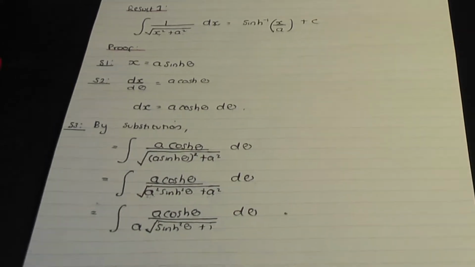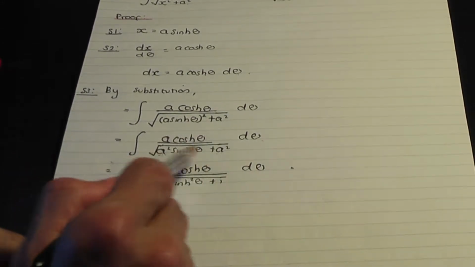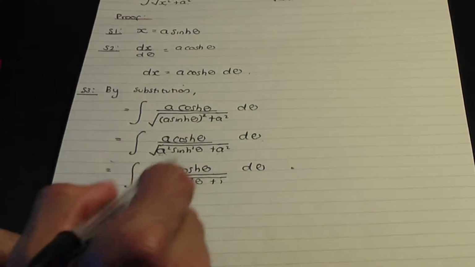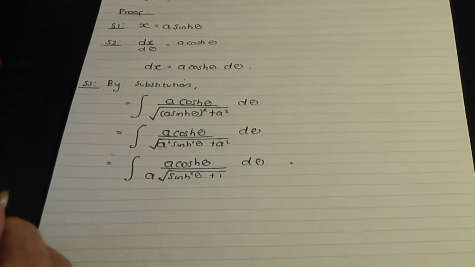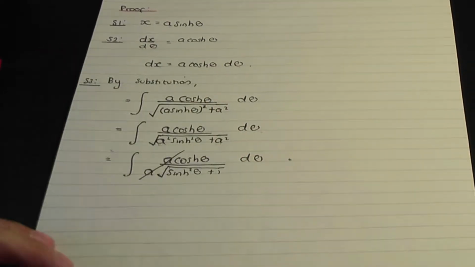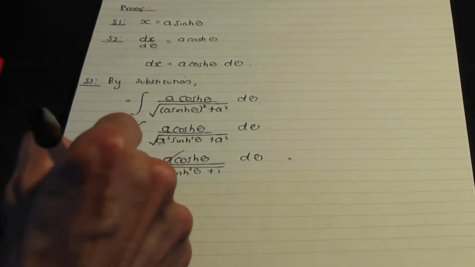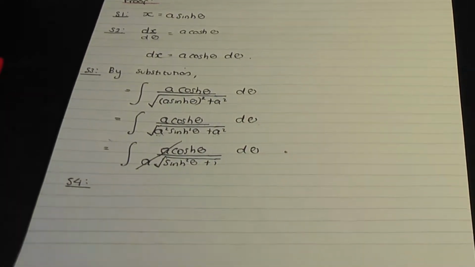Okay, so I hope you can see that. So I've taken out a common factor of a squared out of the root, leaving me with the root of hyperbolic sine squared theta plus 1. So as a result, these two a's will cancel, and that takes us to step number 4.